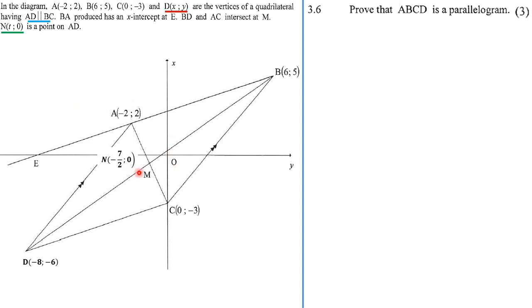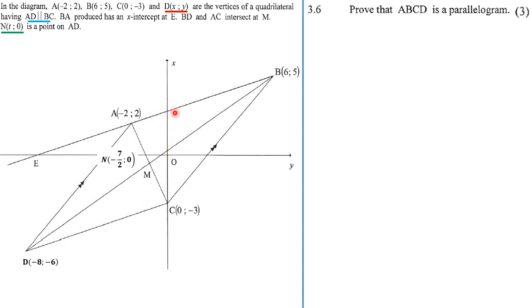So now, in order for us to prove, we will either look at the diagonals, or we can look at the sides. The opposite sides are supposed to be parallel to one another. So there are 2 conditions that we can use here. If one pair of opposite sides are parallel and equal, then by default the remaining pair will also be parallel and equal.